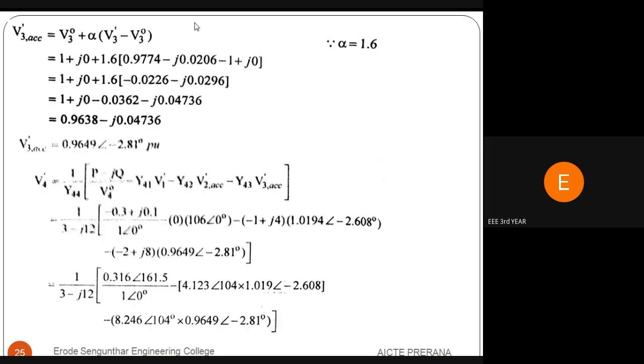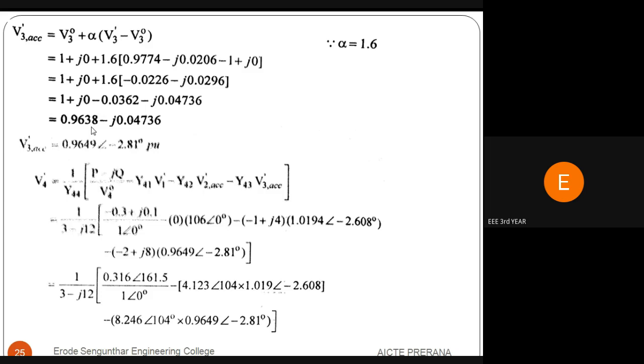That can be written with alpha value 1.6: 0.9774 minus j0.0296, minus V3 old, which is 1. Just solve this formula and we will get the final answer: 0.9368 minus j0.04736.